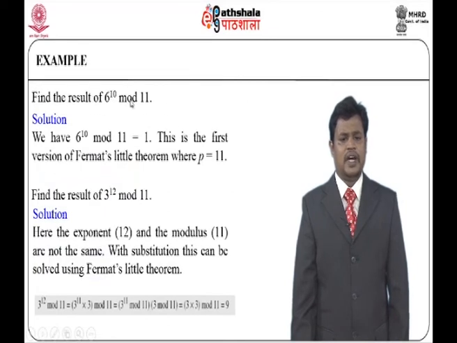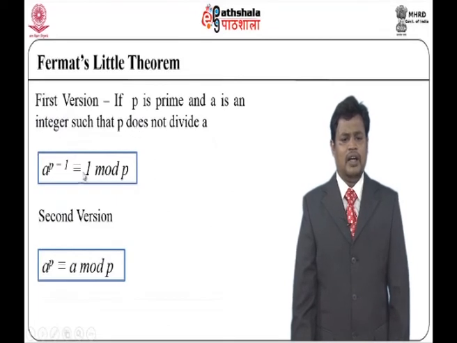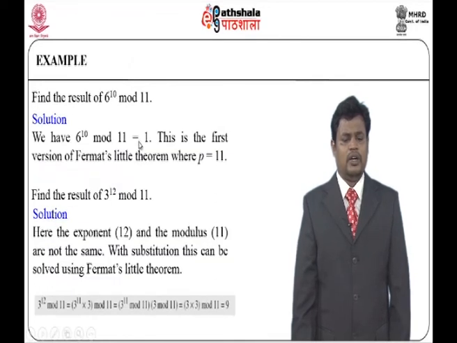Here p is not dividing a, so we can apply the first version of Fermat's Little theorem, and we get the answer as 1. We do not need to solve it; directly you can write the answer is 1.